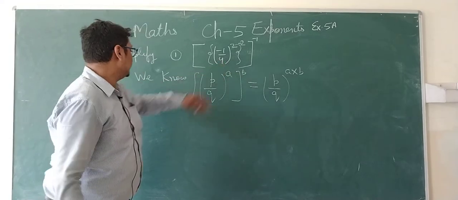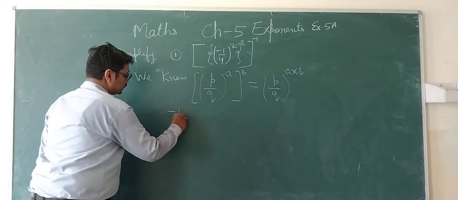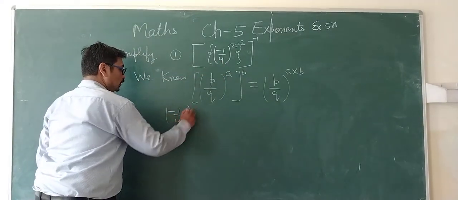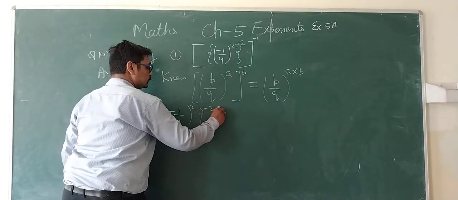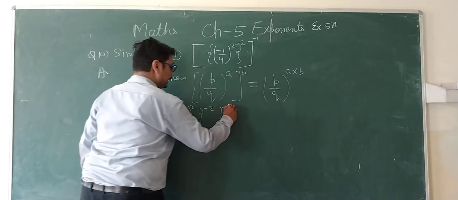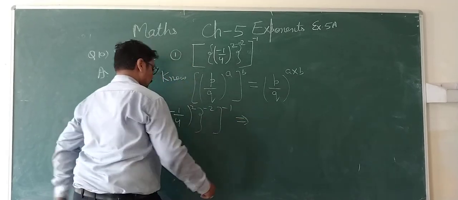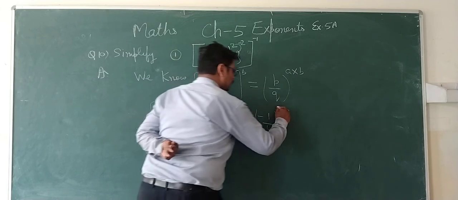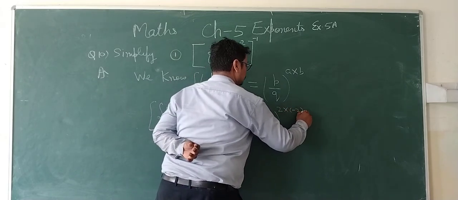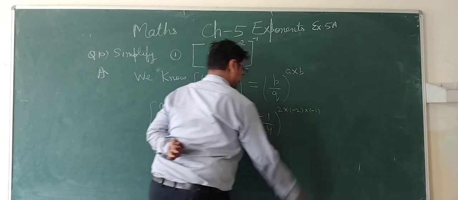Similarly, we can write this ((−1/4)^2)^(−2))^(−1) as (−1/4)^(2×(−2)×(−1)).